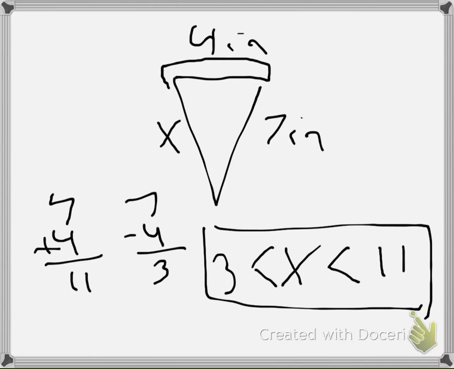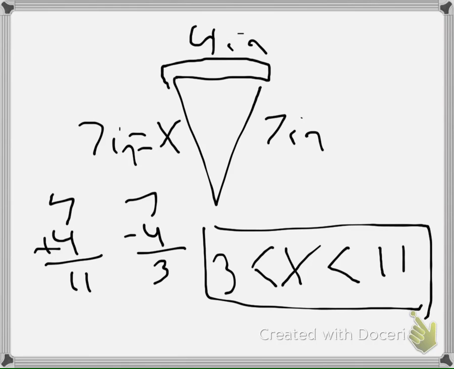For instance, we know that it could not be 12 because x must be less than 11, but we know that it could be 4. However, if we look at this pizza and we remember our knowledge about pizza and triangles, we know that this is an isosceles triangle. So the side x must be 7 because the two sides that are longer must equal each other in order to form an isosceles triangle.